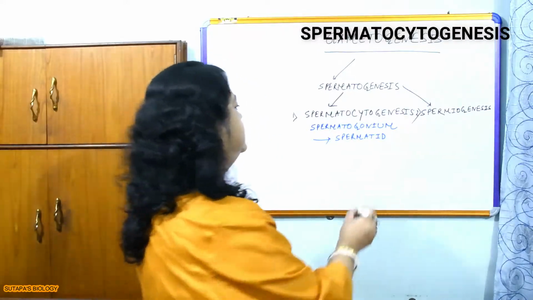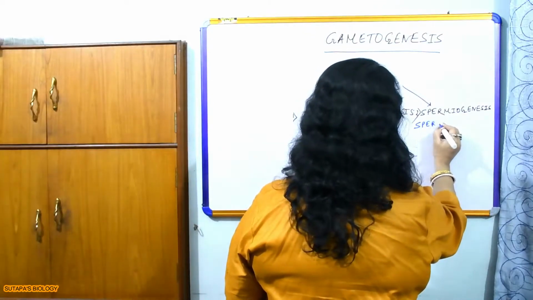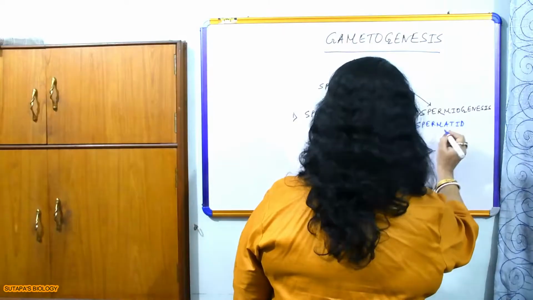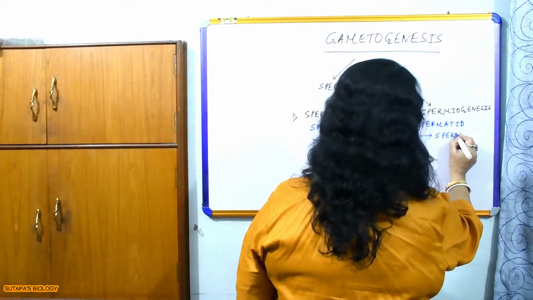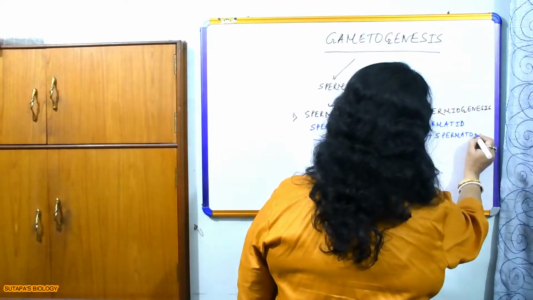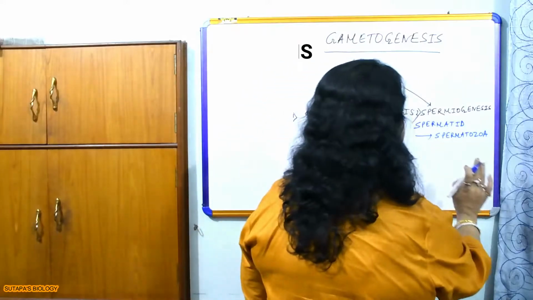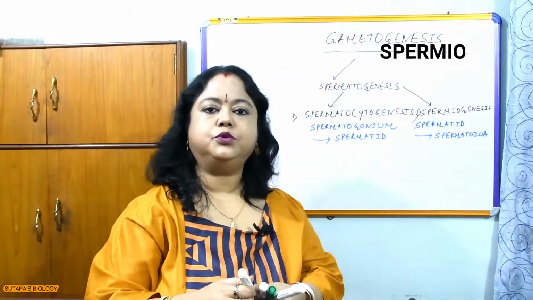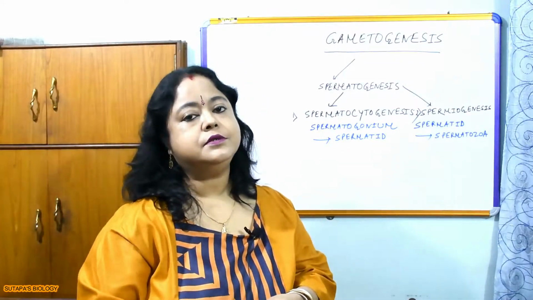And after that, the spermatid to spermatozoa is known as spermiogenesis. So these are the two broad divisions. Spermiogenesis has no subdivision, but spermatocytogenesis has three subdivisions.